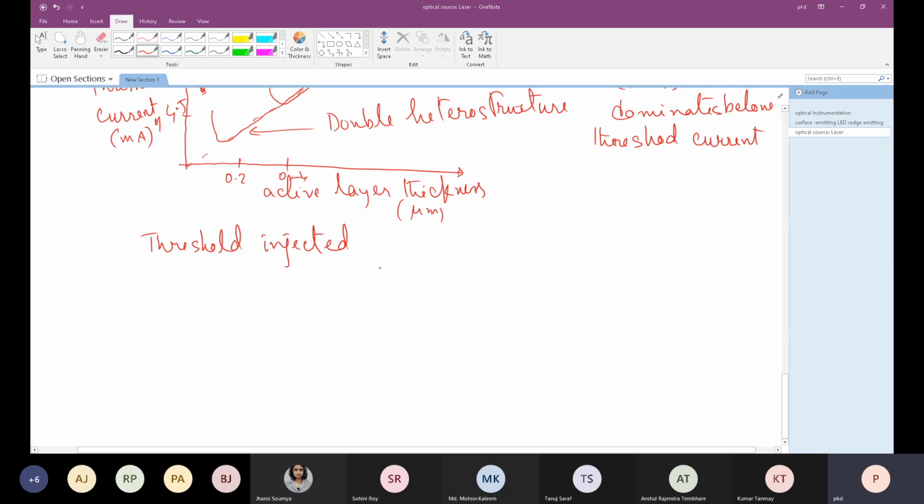Threshold injected current density is J small t, and this is J capital T. This J capital T is the transparency current.